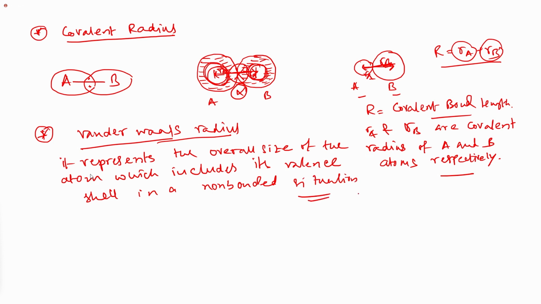So they are not bonded. Van der Waals radius is called that because they are not actually bonded. How is that? This is the line, the non-bonded situation. So this is called non-bonded. Now I will draw that.